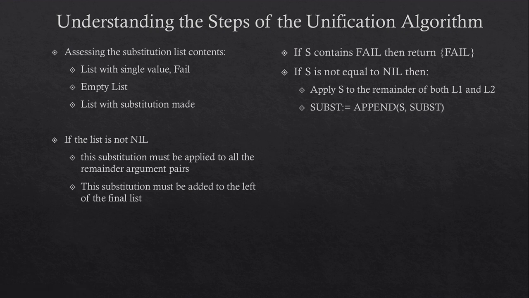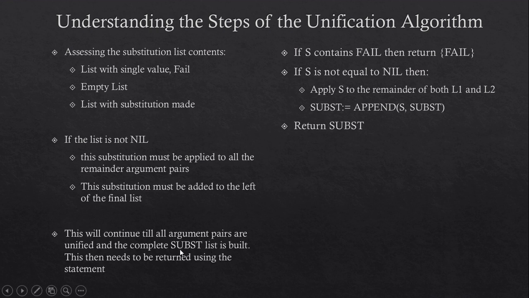This list now becomes the new SUBST. Now this will continue till all the argument pairs are unified and the complete SUBST list is built. This then needs to be returned using the statement return SUBST.